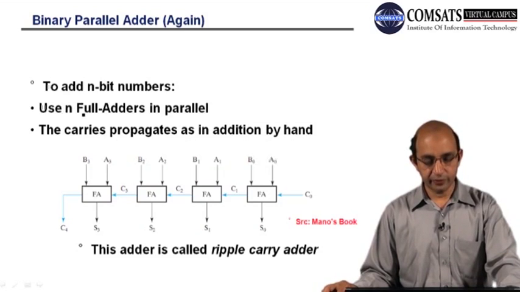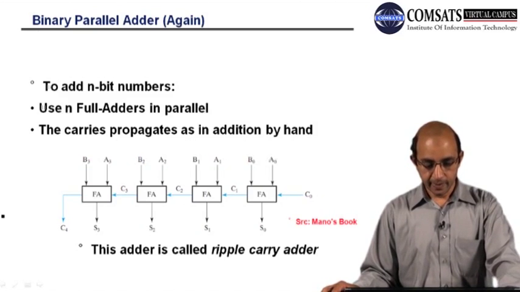So here if you have n bit numbers, then you can have n full adders in parallel and you can cascade them, right. So here you can see that this is the carry in, right, and this is the carry out, and this is the carry in for the next one. So there is a sort of ripple effect as the carry moves on from the least significant bit to the most significant bit. So you can feel a ripple effect, right.